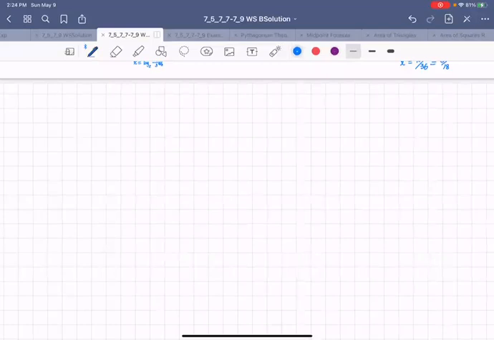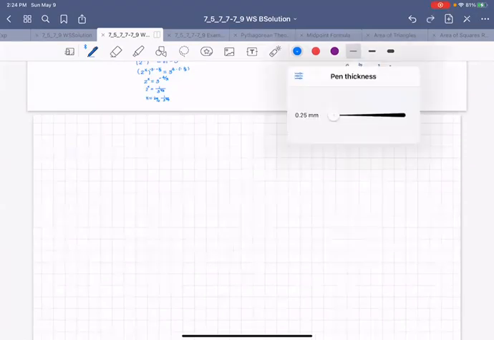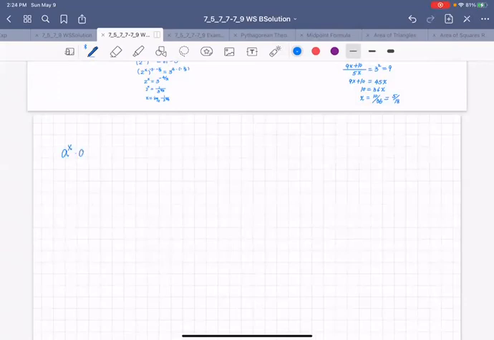So let me summarize all those logarithm properties. When we learned those exponentials, we have a to the power x plus y. The corresponding logarithm for this is log a x plus log a y equals log a of x times y.